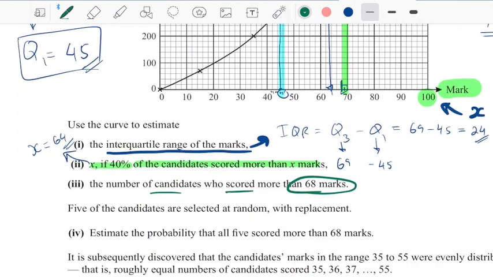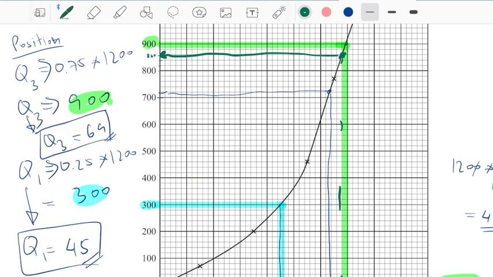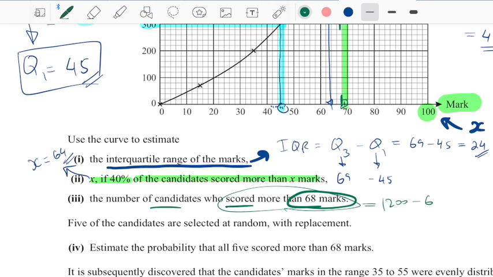So 860. I can now say that the number of candidates who scored more than 68 equals 1,200 minus 860, which is about 340 people. This is my answer.